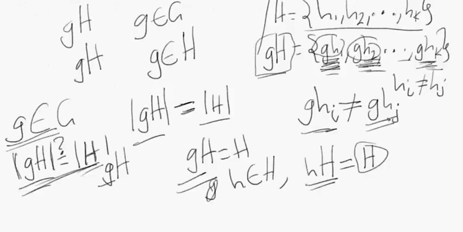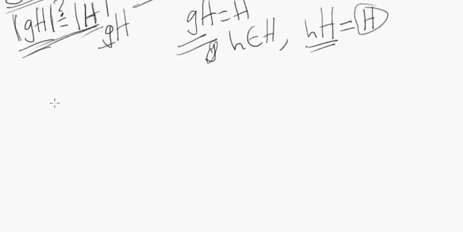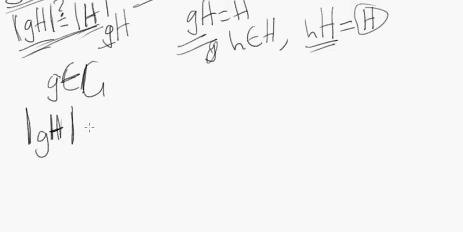Okay. So we're learning a lot about these cosets. One thing we've come to the conclusion of is that for any g element of G, the coset gH has the same size as H. That's an interesting realization, right?